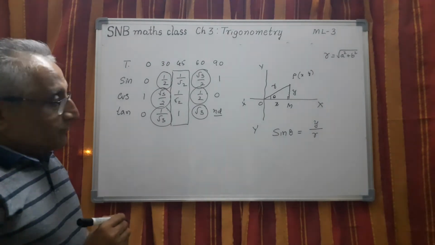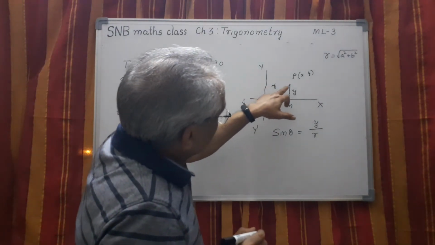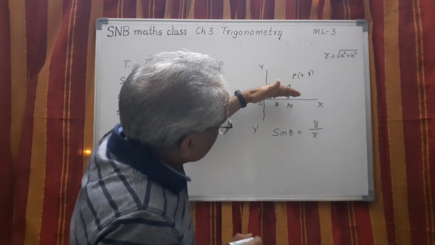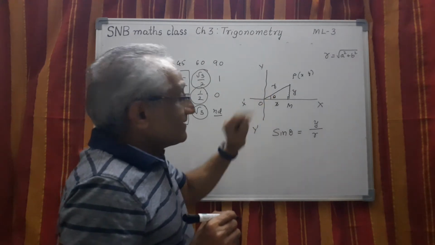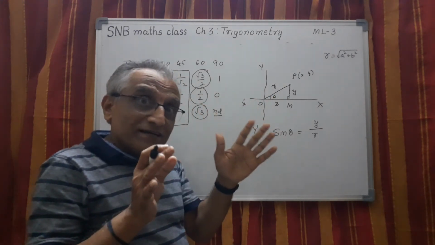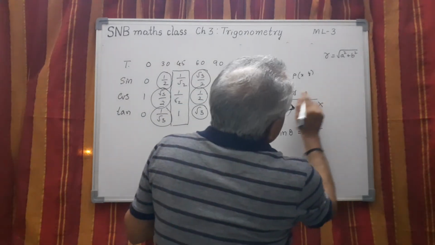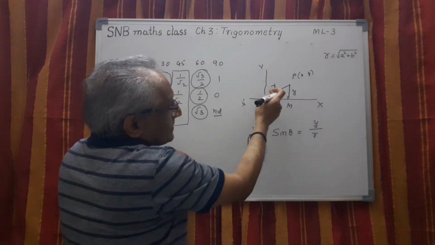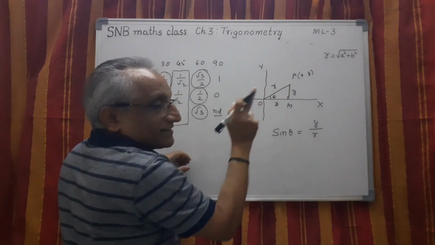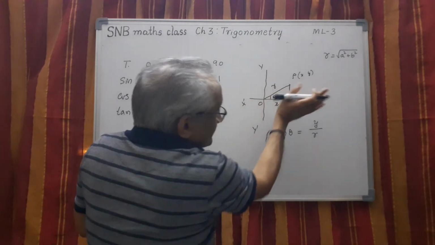Now imagine, suppose this line segment OP comes in this direction such that this theta keeps on decreasing. This you have to imagine now. Theta keeps on decreasing. Therefore, when P approaches M or x-axis, theta keeps on reducing. That is one thing. So when it falls on x-axis, theta becomes 0.